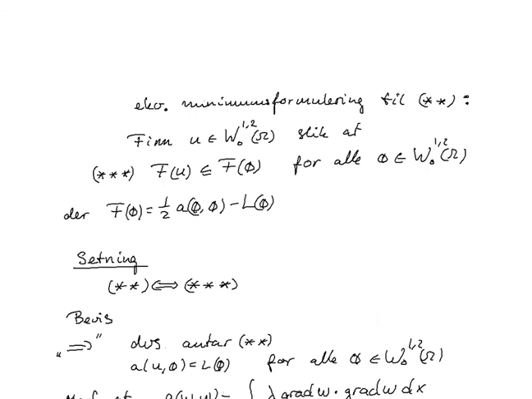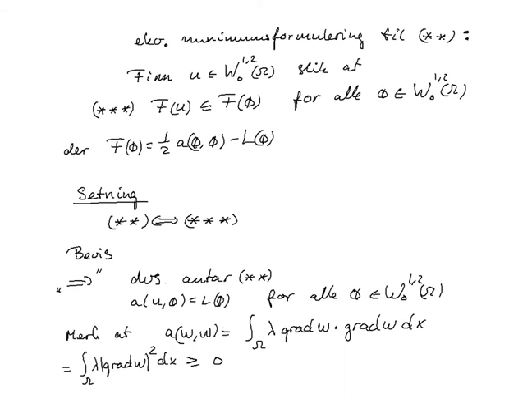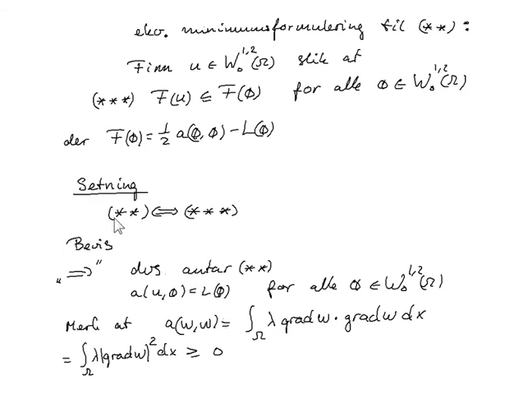We are now going to give you a short proof of the equivalence between these two formulations, double star and triple star. So we can use these formulations both ways. In order to prove equivalence we have to prove this implication and the other implication.